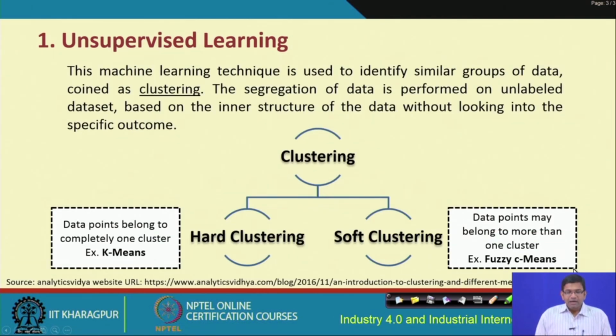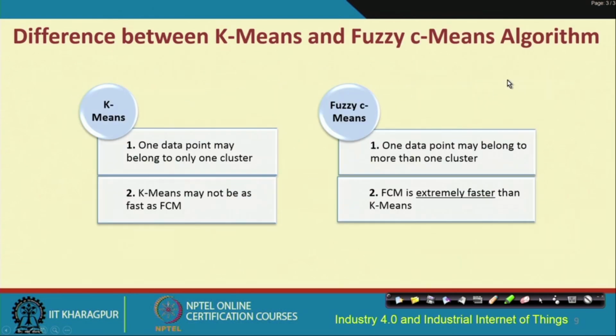So, unsupervised learning, in this the machine learning happens in this way. So, there are similar groups of data which will have to be classified.